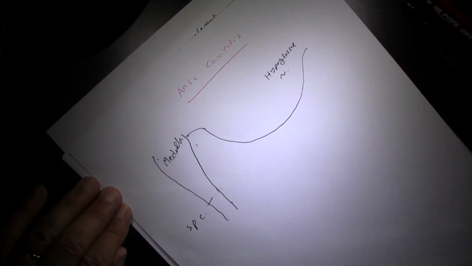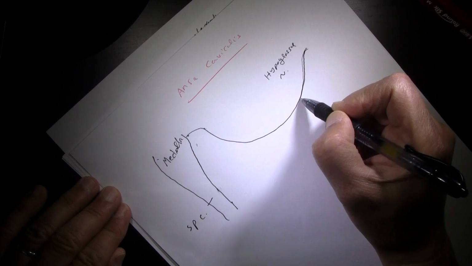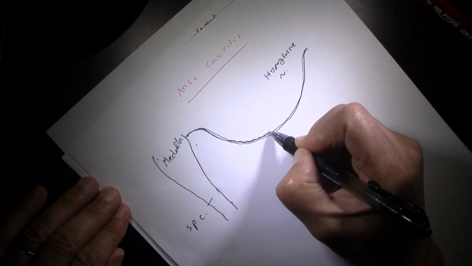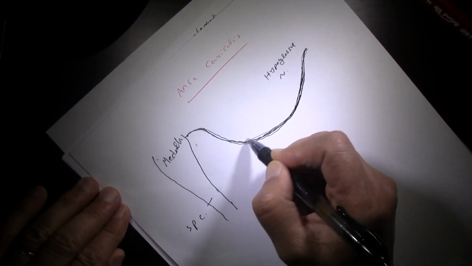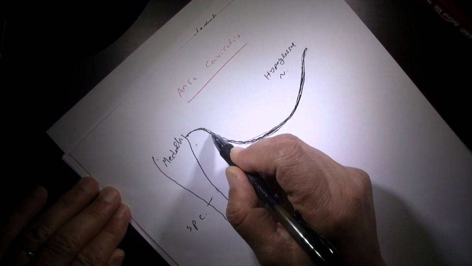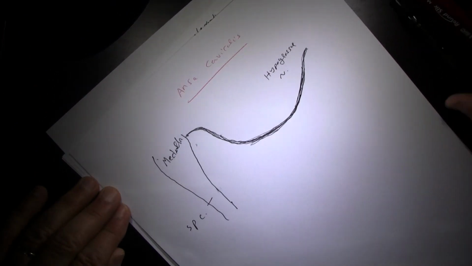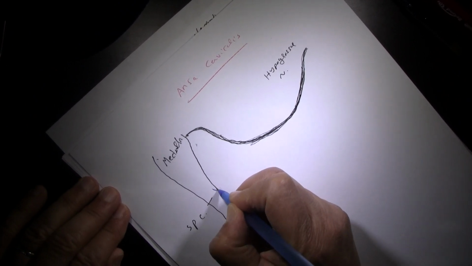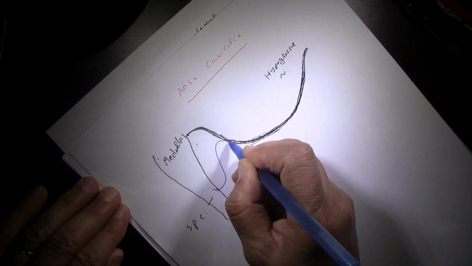Then you will see that, let us make it a little thicker because it's going to carry some fibers inside it. The hypoglossal nerve. So you will see C1 is going to join the hypoglossal nerve.